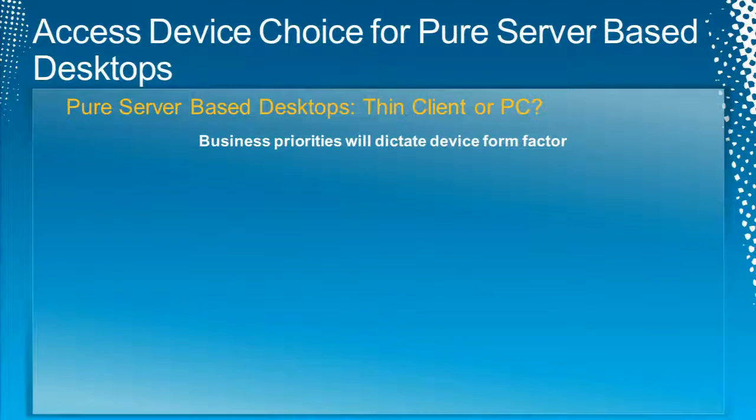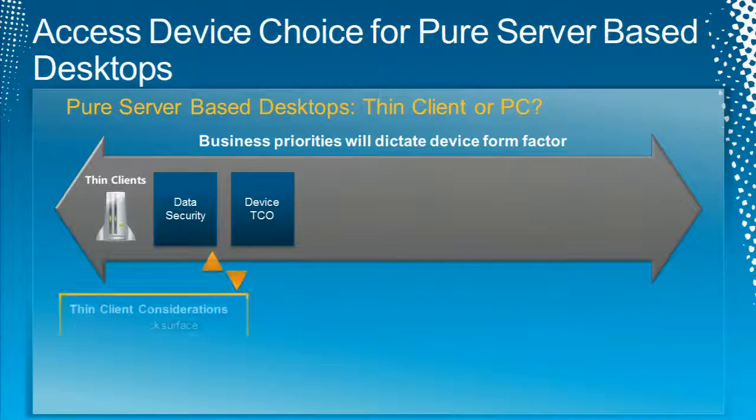The best way to do that is to look at what's really important to you from a device strategy perspective, okay? Now, if data security and device TCO are top of mind for you, that means you are in an industry that is heavily regulated, has a lot of compliance requirements, or you just want to buy a device and forget about it for the next 7 to 10 years, right?